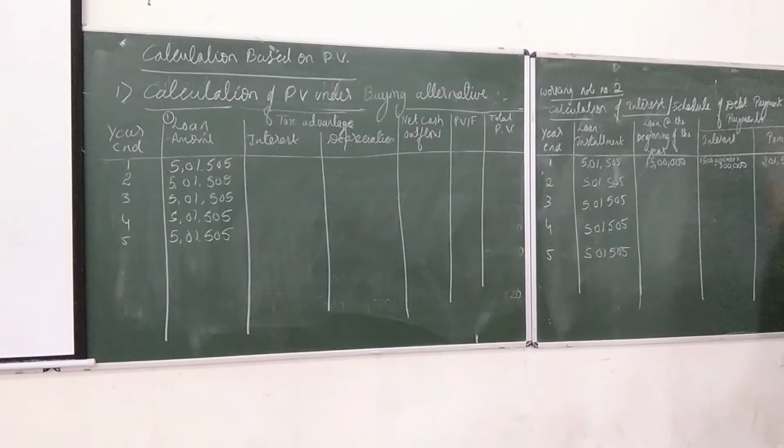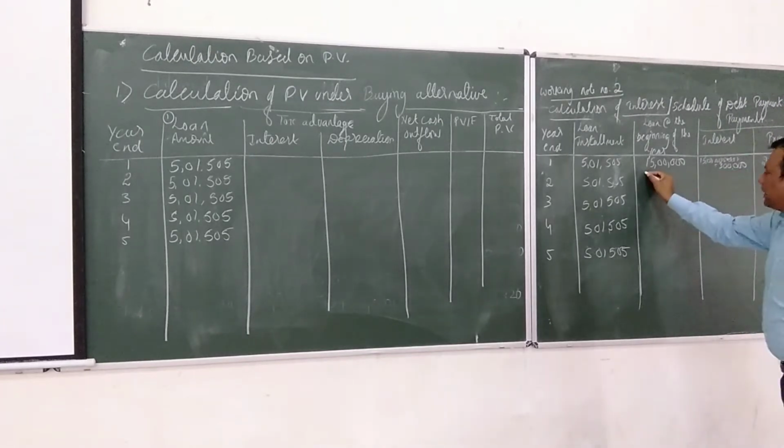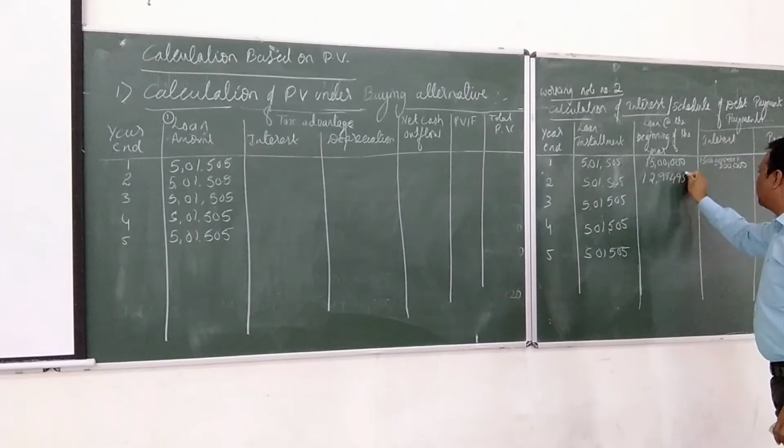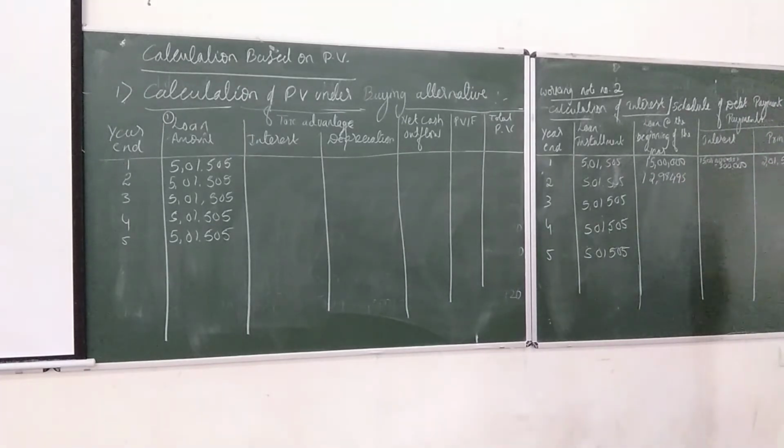What is the balance amount? 12,98,495. Is it correct? Now, the loan at the end of the first year becomes the loan at the beginning of the second year. It is 12,98,495.